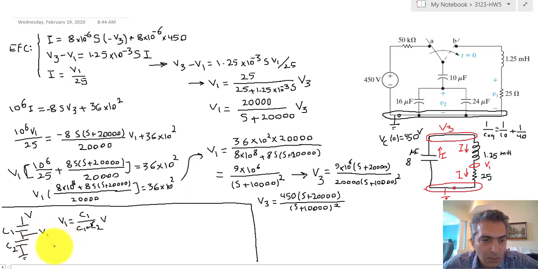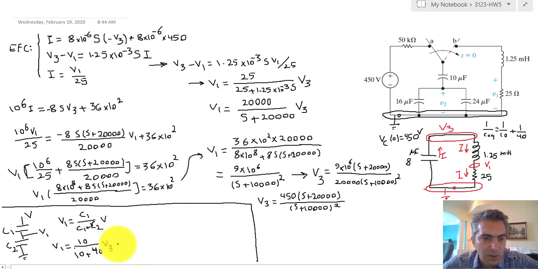So V1 in this circuit is equal to C1, which is 10 microfarad, divided by 10 plus the parallel combination of 40, so 10 plus 40, times V3, and now I know what V3 is.